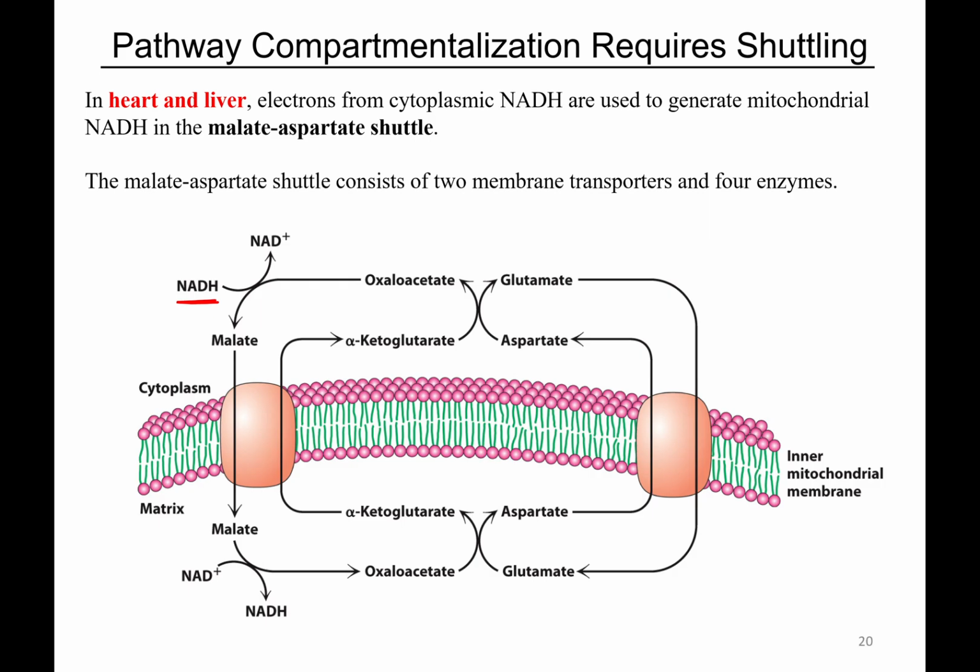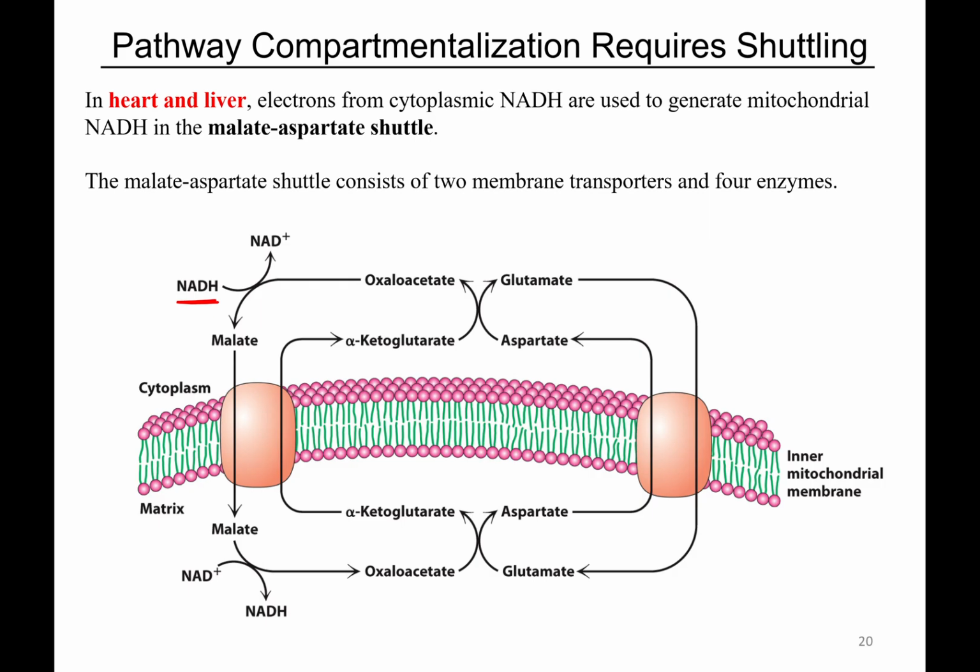So we can reduce oxaloacetate to malate. Okay, I'm going backwards, sorry. No, I'm right. Okay, so we have oxaloacetate, it gets reduced to malate. Okay, the malate can then move across the inner membrane, right?